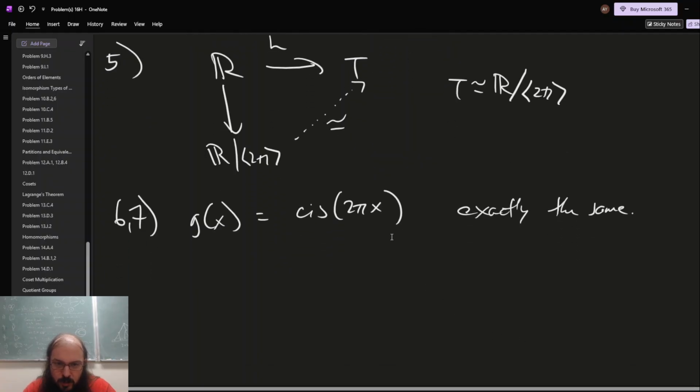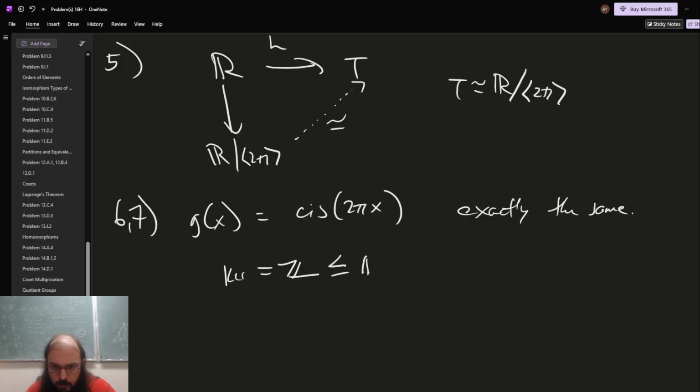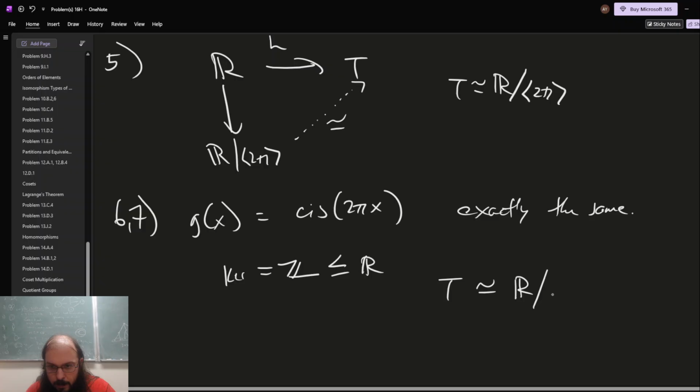But in this situation, the kernel is now exactly just the integers because of the scaling. And so therefore, T is also isomorphic to R mod Z. And in fact, this is often called the circle group instead of the 2 pi.